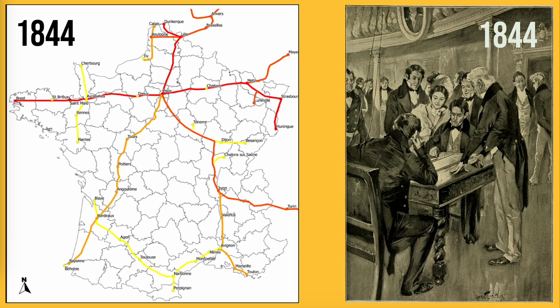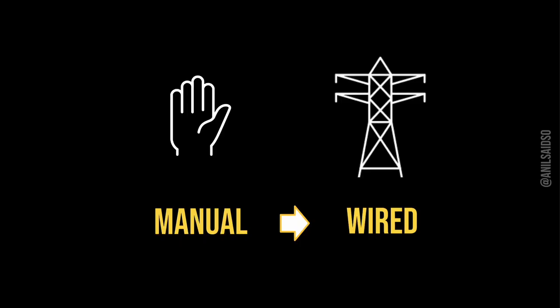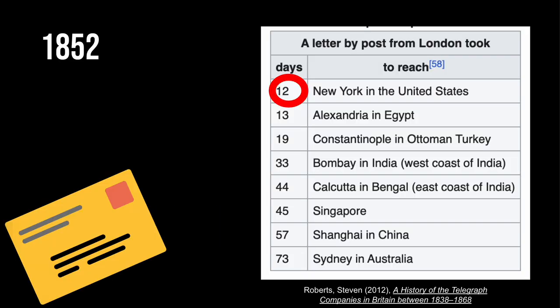Now, it was long distance for its time because he actually sent a message from Washington to Baltimore. So from this point onwards, there was a shift in era. A huge transition in communication was underway as humans came up with new and novel ways to harness electricity, and it would ultimately reshape our world.